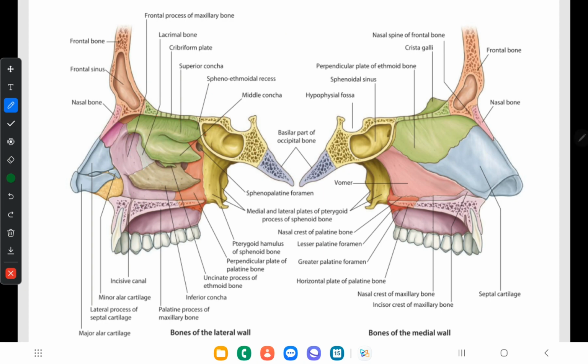When we talk about the functions of the nasal cavity, the vibrissae in the vestibule, that means the coarse hair, trap foreign bodies in the inspired air. The respiratory mucosa is thick and spongy due to the presence of rich vascular plexuses.